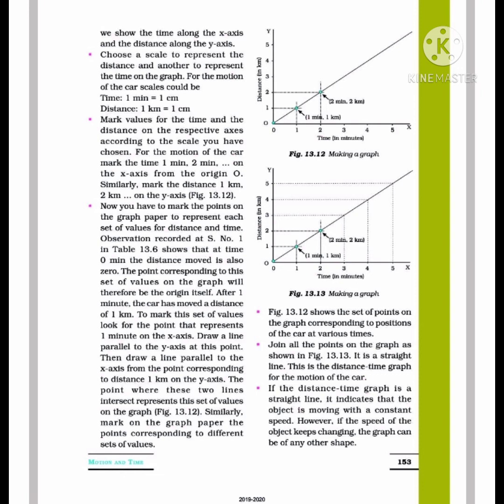On pages number 152 and 153, all the steps are given on how to draw the distance time graph. Then we will get the distance covered by the vehicle in 1 minute, 2 minutes, like this. The measurement, usually time, we have to take.